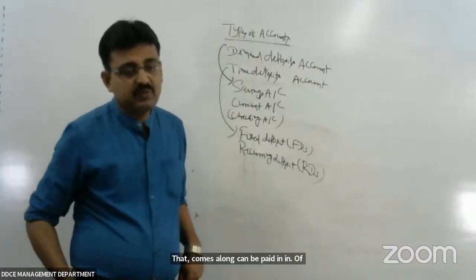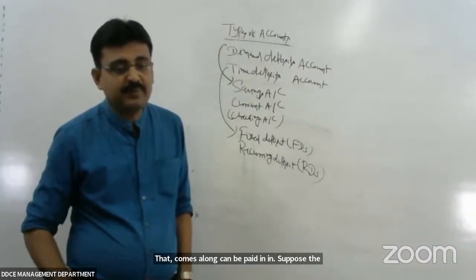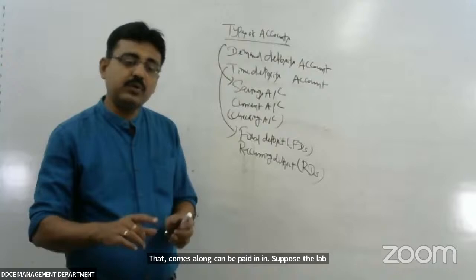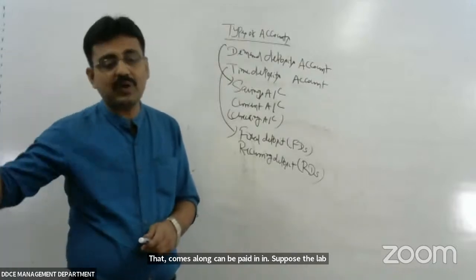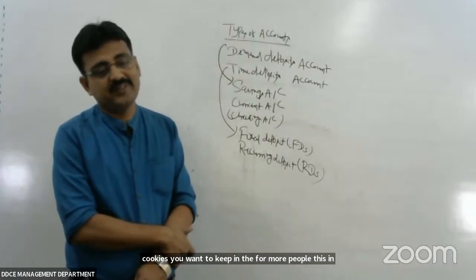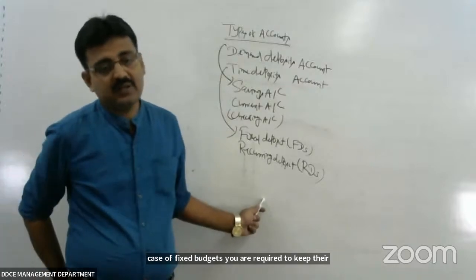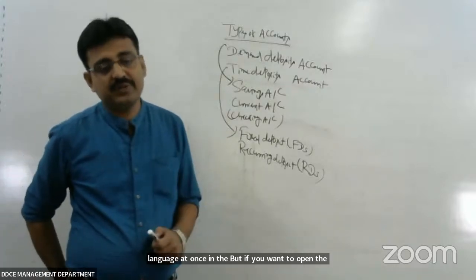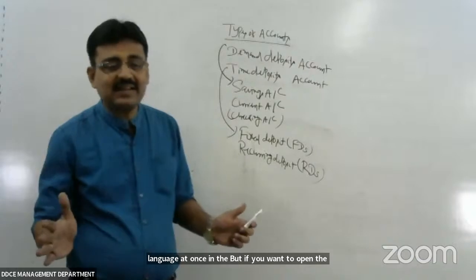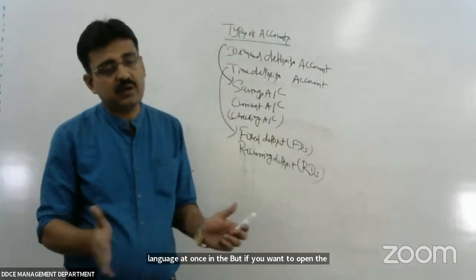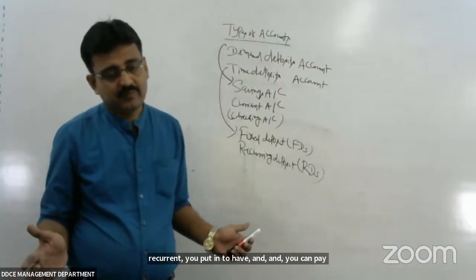Suppose 10 lakh rupees you want to keep in the form of deposits. In case of fixed deposits, you are required to keep 10 lakh rupees at once. But if you want to open a recurring deposit to have 10 lakh rupees in the account, you can pay that 10 lakh rupees in 10 installments or in 20 installments.